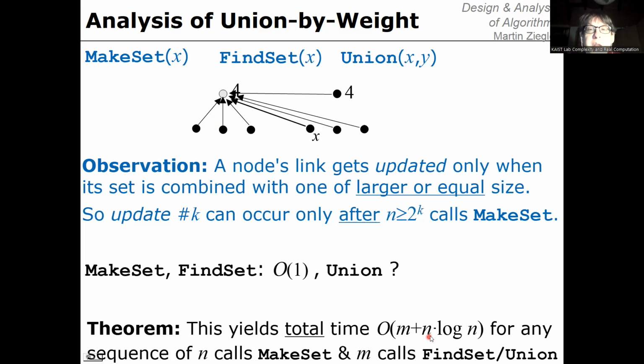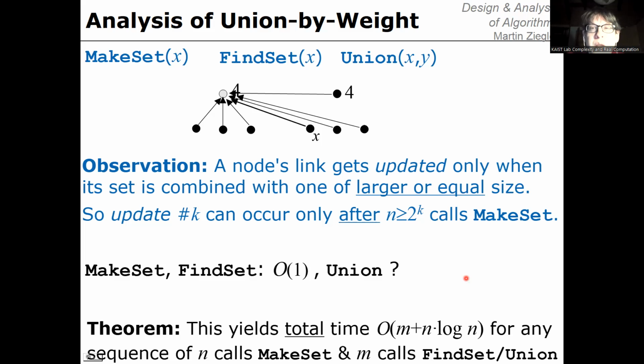So whenever there are n points, the total number of updates can be at most n log n, for n points, each one at most log n times. So the total cost of a sequence of u calls to union can be at most n log n. That's very interesting, right? That's very surprising.